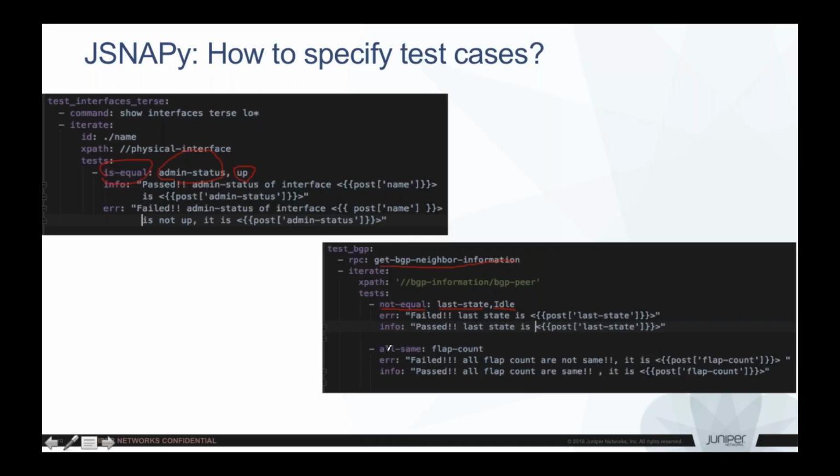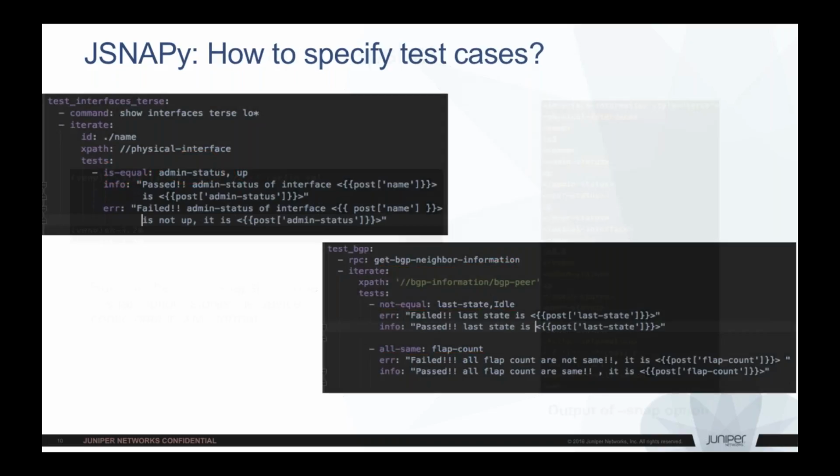Similarly, I expect all the flap counts to be the same. So I have two test cases utilizing single RPC data. So this is how the test cases are defined.